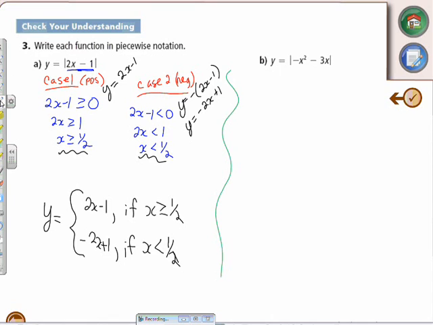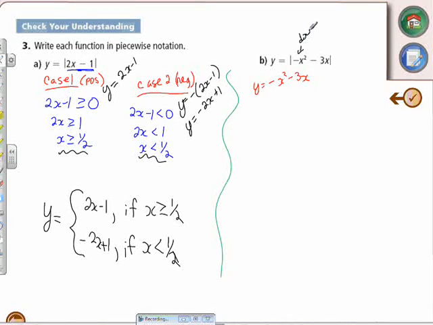Okay, next one. Good idea to try it yourself. So case 1 is the positive case, or y equals negative x squared minus 3x. For this first case, the positive case, it's easiest to look at where the related parabola is already above the x-axis.